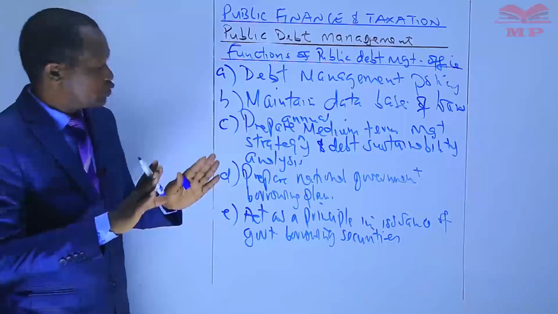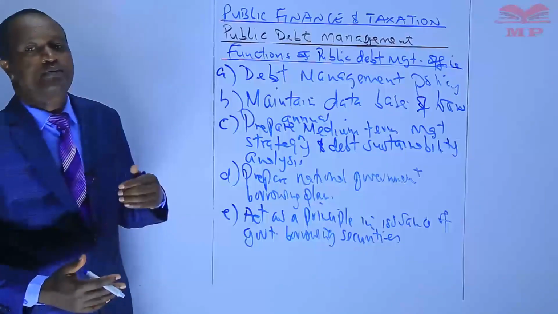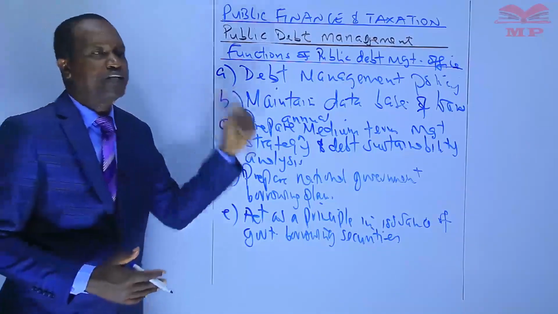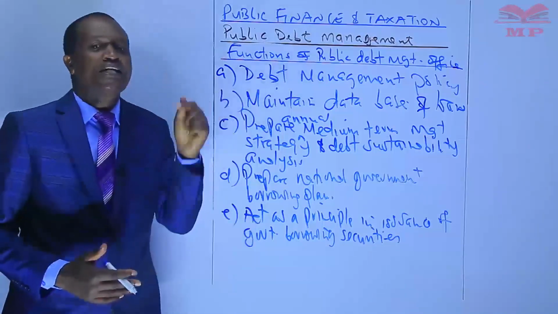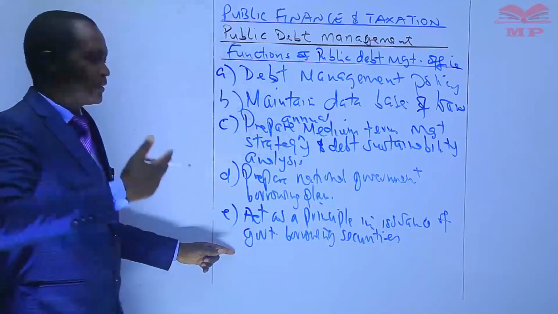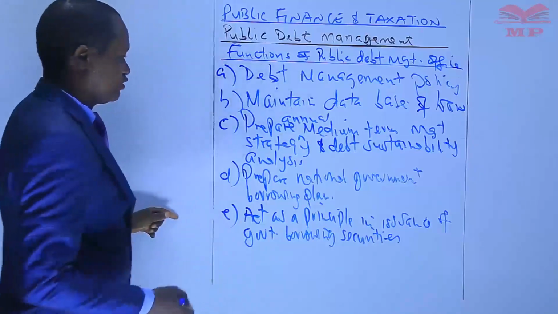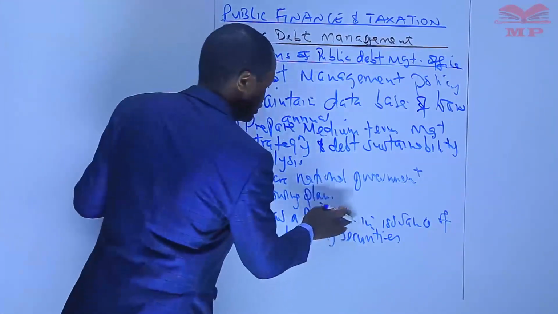To do what? To act as a principal in the issuance of government debt securities, and that is on behalf of the National Treasury.